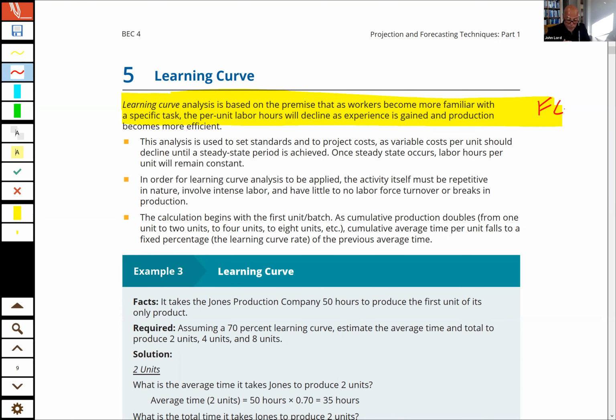I guess if the time is money, right? As the number of times we repeat a process, the time it takes us to complete that process comes down. So what can happen is we can actually produce more units. We'll be able to produce our units faster as we move through that learning curve.